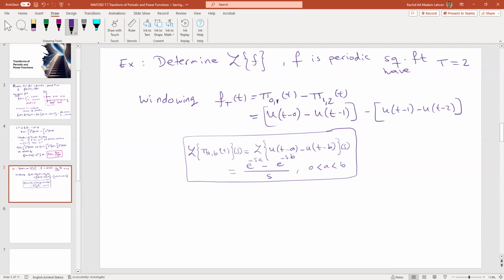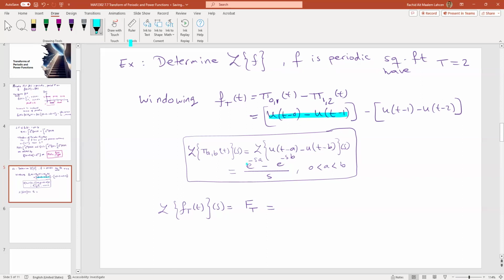Okay, so let's use that for the next step. If we do the Laplace transform for this thing, then we get this here. Now using this formula, it should be for the first one, this one.